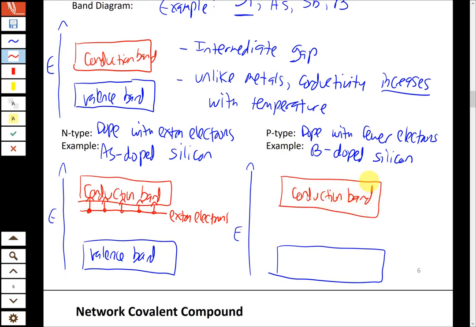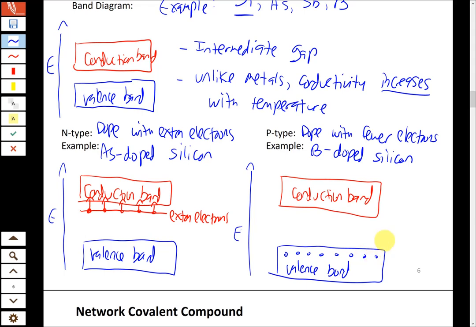But then what happens in the valence band is we've removed some valence electrons because we've replaced silicon, which has 4, with boron, which only has 3. So we've taken out some valence electrons from the valence band, and that leaves some holes or positive charges in the valence band. In other words, we have some empty spots in our valence band that are no longer filled.